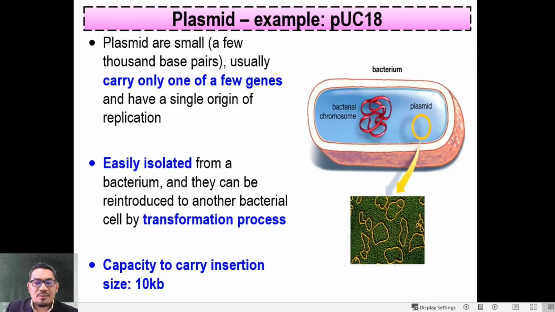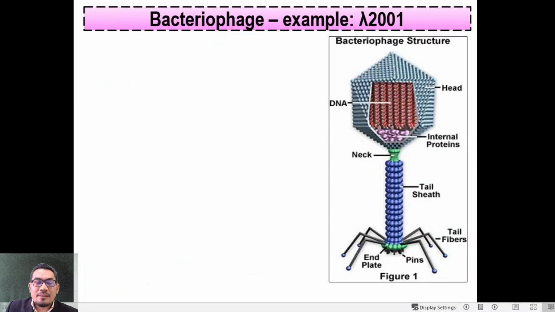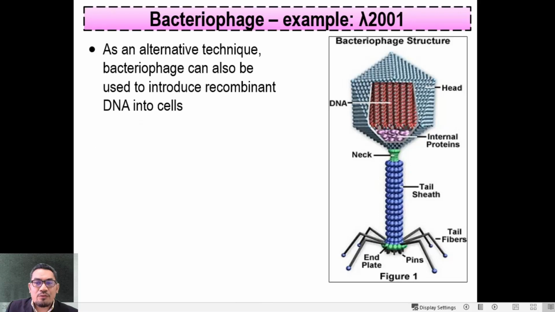They are easily isolated from a bacterium, and they can be reintroduced to another bacterial cell by the transformation process. Its capacity to carry insertion size is 10 kilobases. Second, bacteriophage, example lambda 2001.